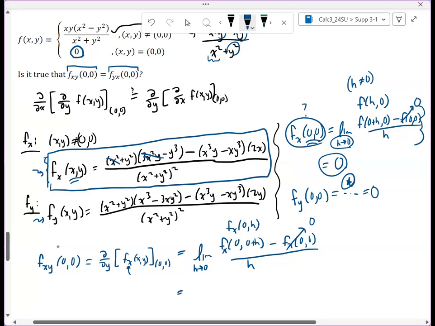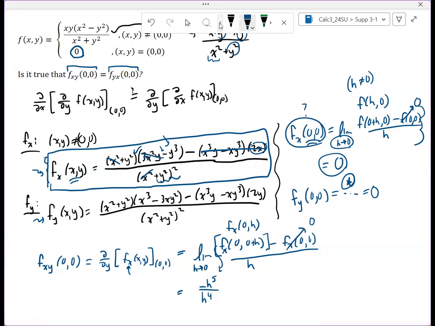X equals 0 gets rid of this whole second bit there. So I get a minus h to the fifth. And putting in x equals 0 gets rid of this bit. I get over h to the fourth. That's what fx of 0, comma h gives me.